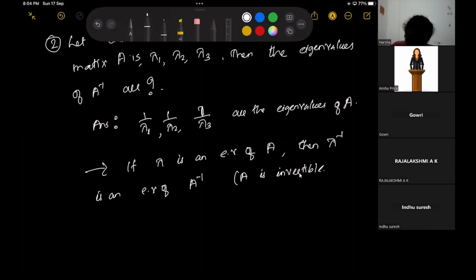Since lambda is an eigenvalue of A, what can we say? Determinant of A minus lambda I equals 0.